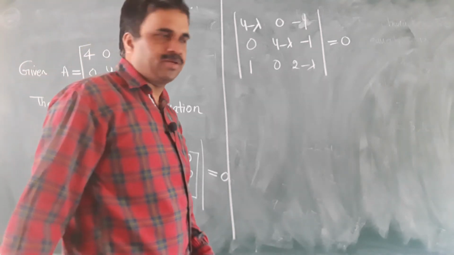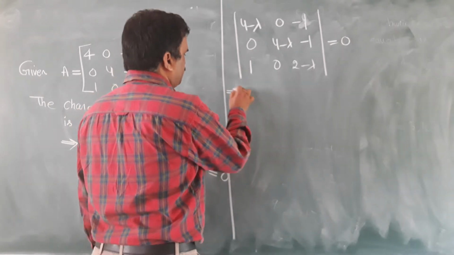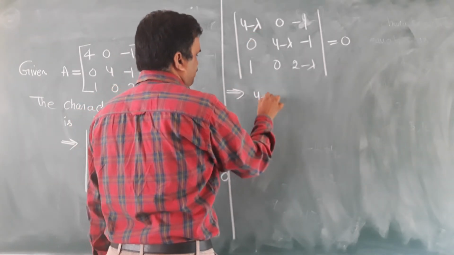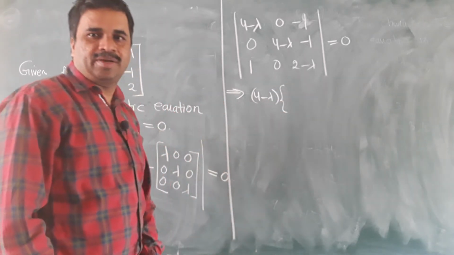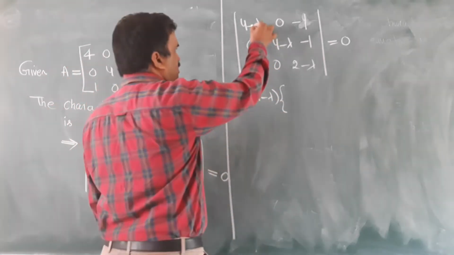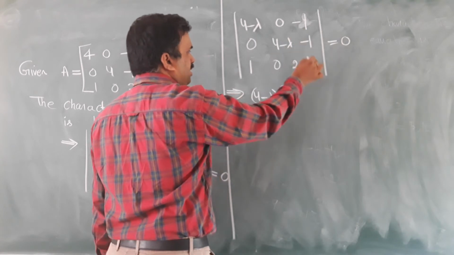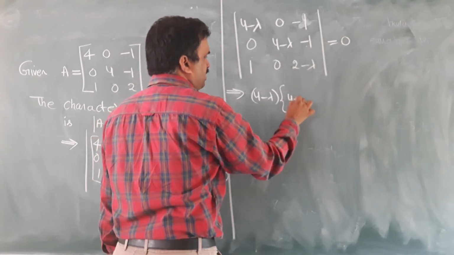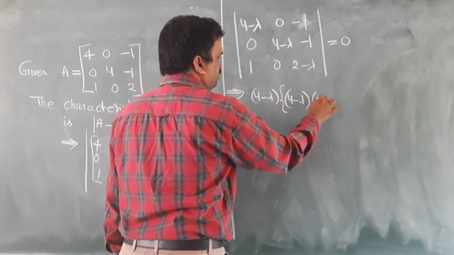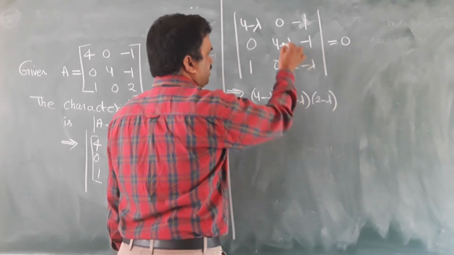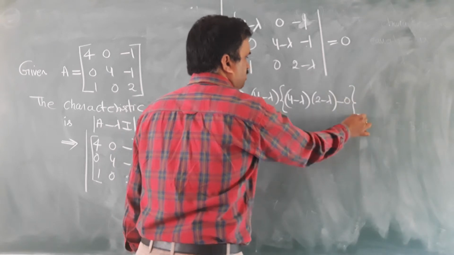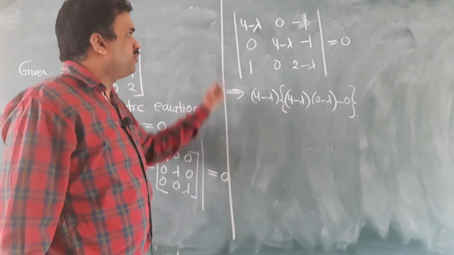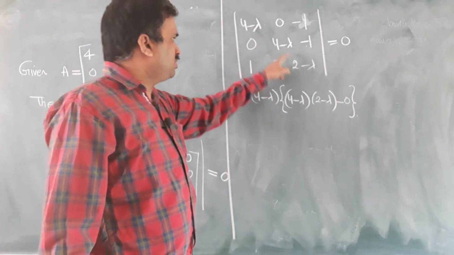Already we know the process. 4 minus lambda times, leaving this row and column, AD minus BC: 4 minus lambda times 2 minus lambda, minus 0 into anything is 0. So the first element is over.